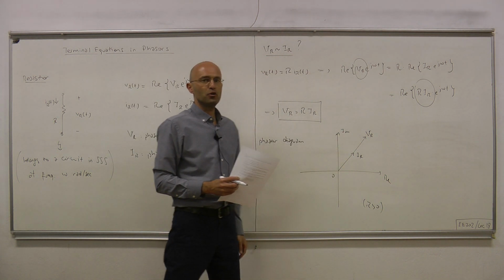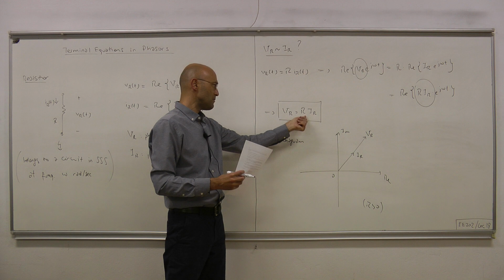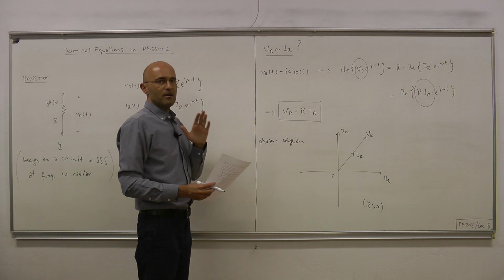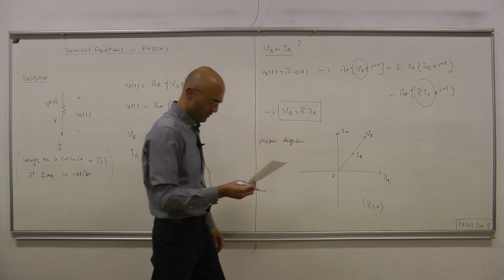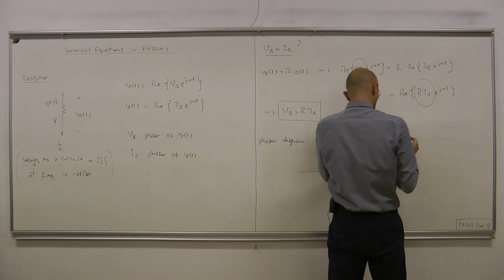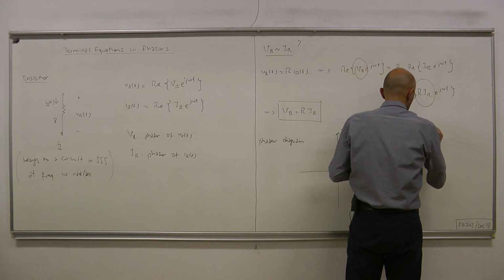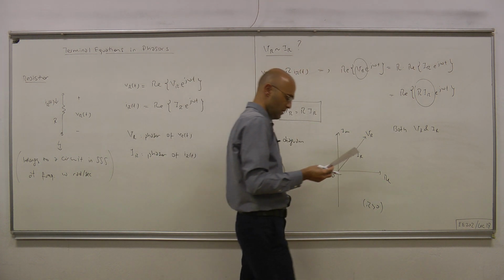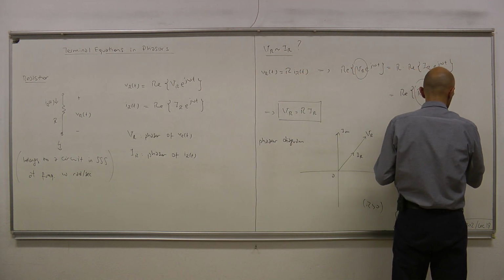The ratio of their magnitudes depends on the resistance, but as for the phase, both must have the same phase. So both VR and IR, the voltage and current phasors, have the same phase.